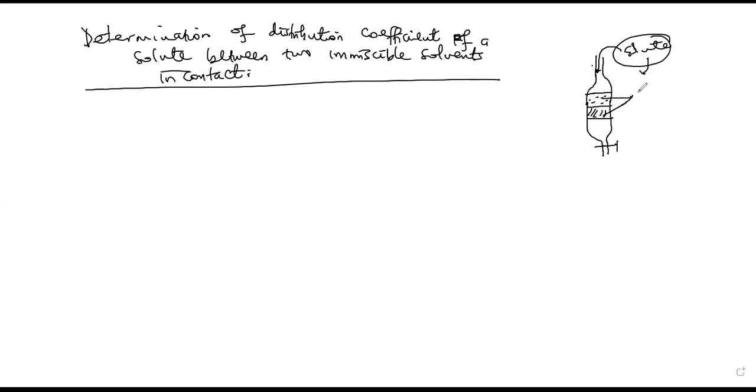That is to say, if you have a solute which is acidic, your standard solution is an alkaline solution. If the solute is acidic, then the standard solution should be alkaline. And in that case, we opt to use sodium hydroxide solution as a standard solution.